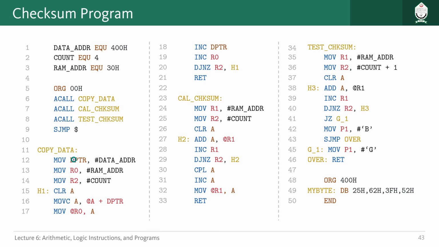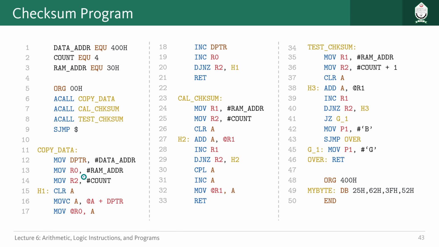So first of all, let us try to understand this subroutine here, copy data. We will have to move the data we have in code memory to RAM locations, and we will start from RAM location 30h. That's why we have given this name. So first of all, we will move our data address, which is 400h, or the starting location of the data stored here, to DPTR.